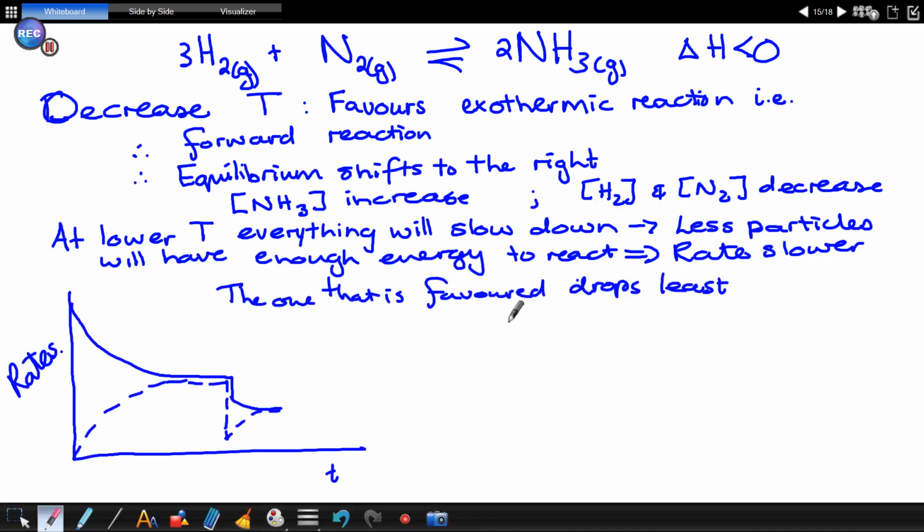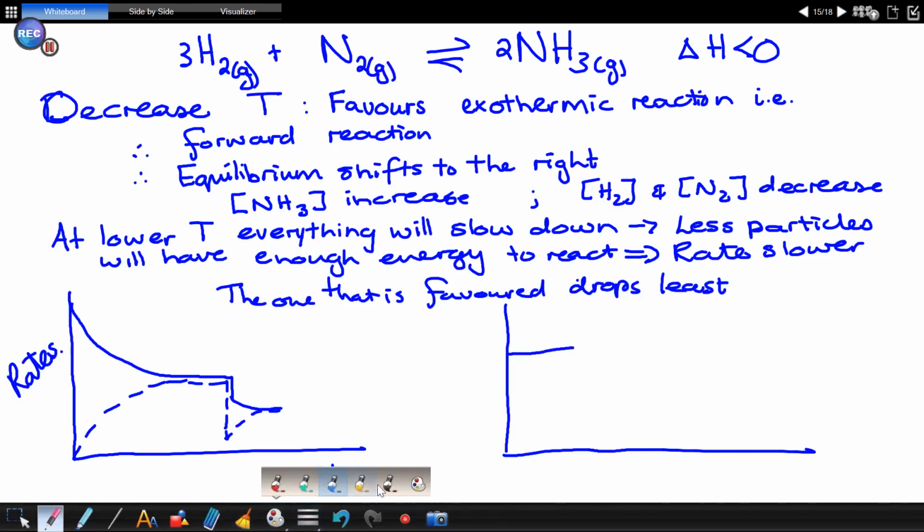Okay. So the concentration graph, I'm just going to draw them at equilibrium. So the hydrogen's concentration is constant. The nitrogen's concentration is constant and the ammonia's concentration is constant somewhere. They are at equilibrium, so they're constant.